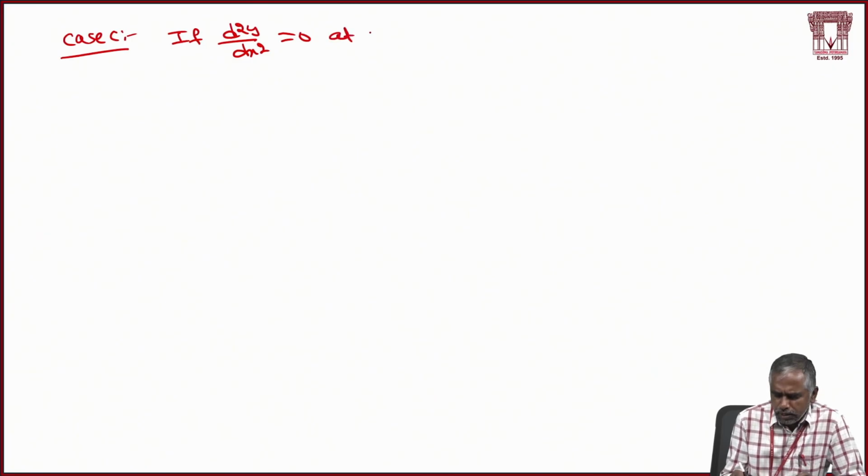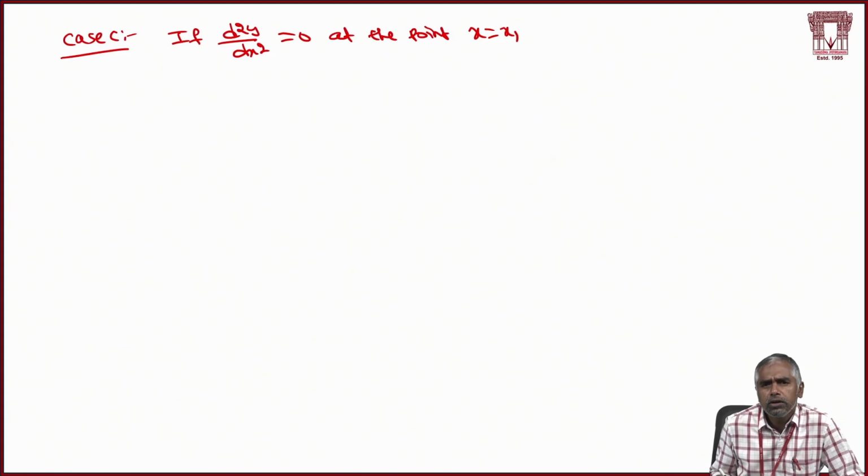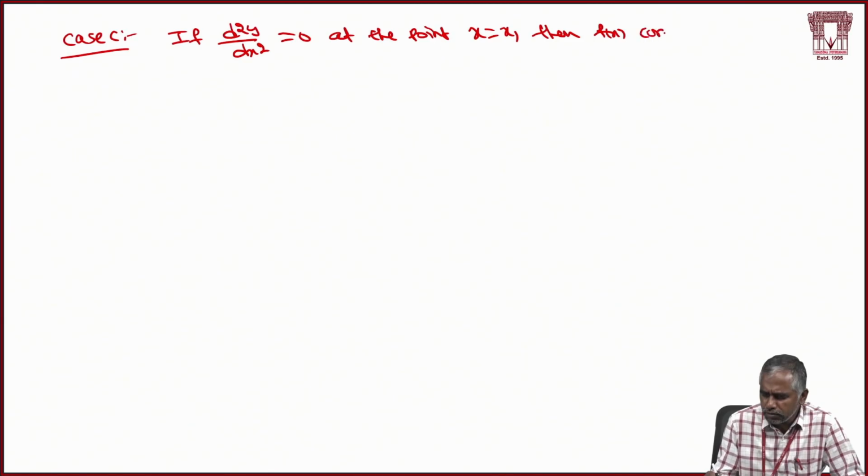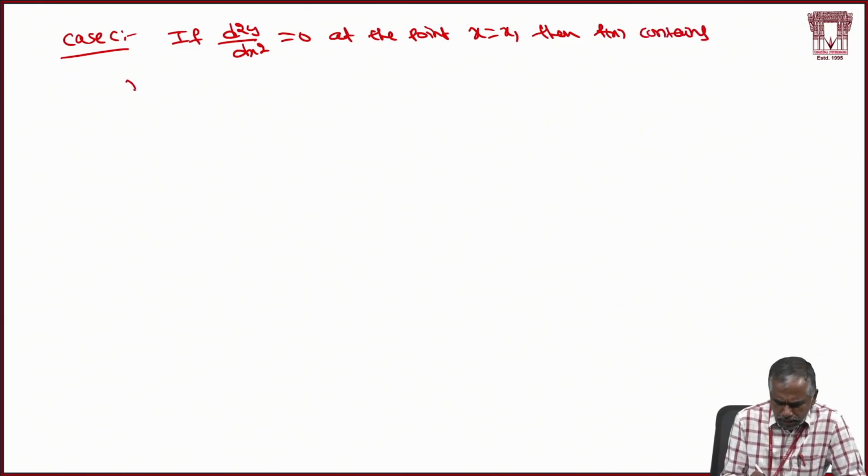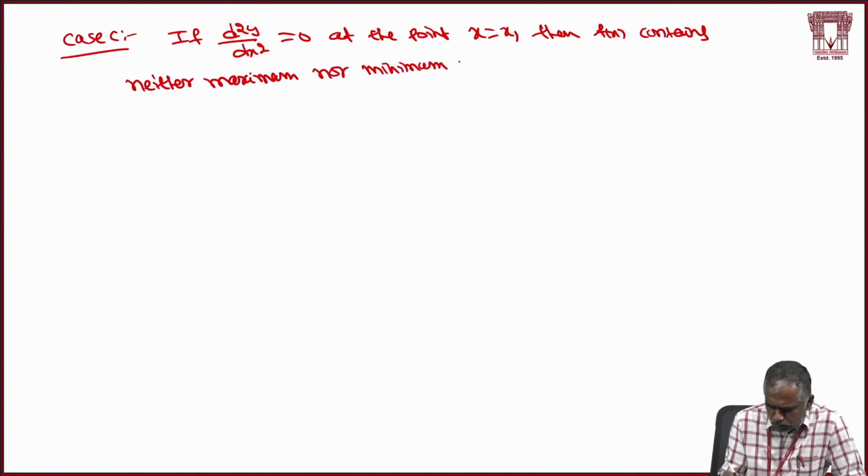Next to case C. If d square y by dx square equal to 0 at the point x equal to x1, then f of x contains neither maximum nor minimum value.